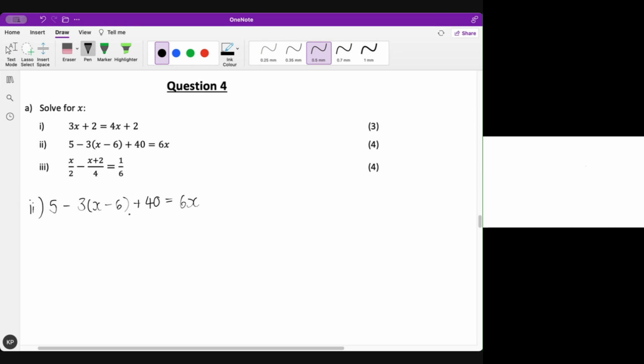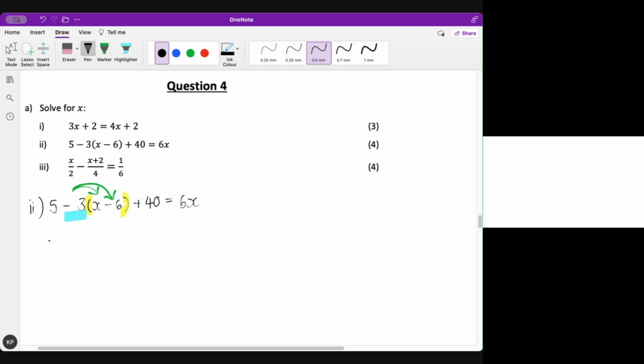Okay, so first step is we don't want brackets, right? These brackets are a problem. How am I going to get rid of brackets that I don't want? How do we get rid of those brackets, guys? Yes, we distribute. So we're going to take this -3, because that's the one in front of the bracket, and distribute it.